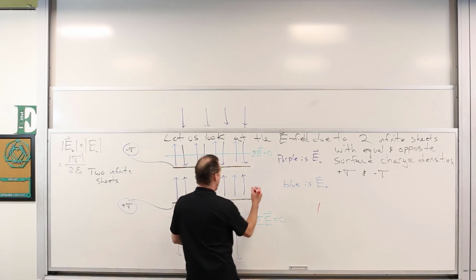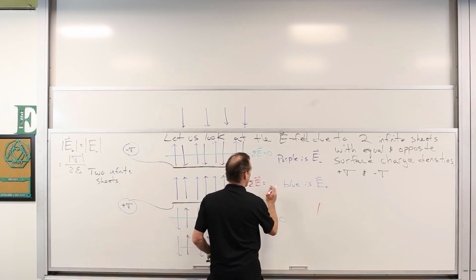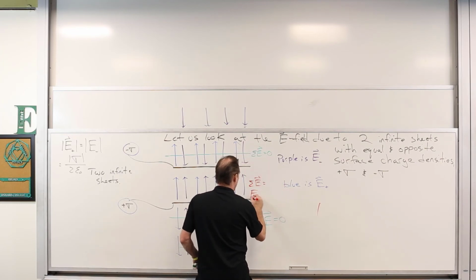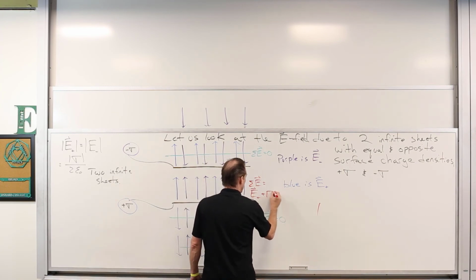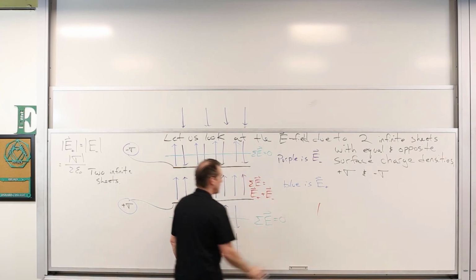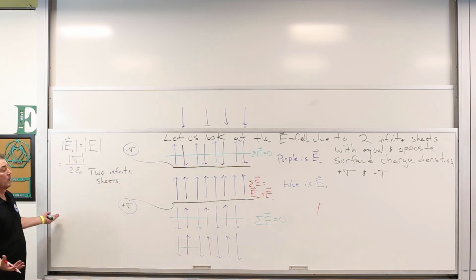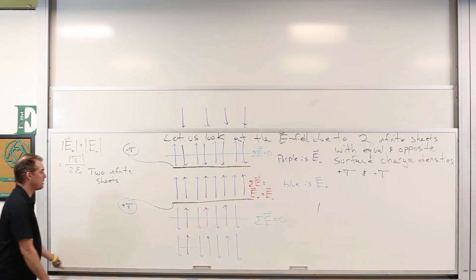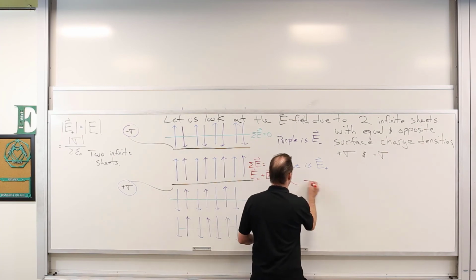Well, sigma E hat here is equal to E hat plus, E hat minus. It's additive because, again, they're in the same direction. So what does that give us? Well, this gets a little bit messy here.